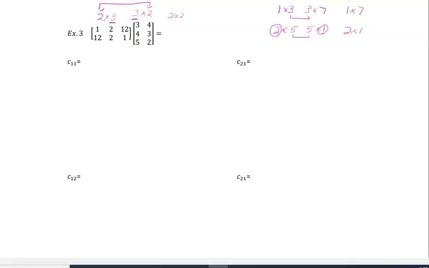If, on the other hand, I had something like 2 by 4, and I wanted to multiply it by another 2 by 4, these two numbers, the columns of the first and the rows of the second, are not the same. Therefore, I cannot do this. This does not exist. It's not possible.